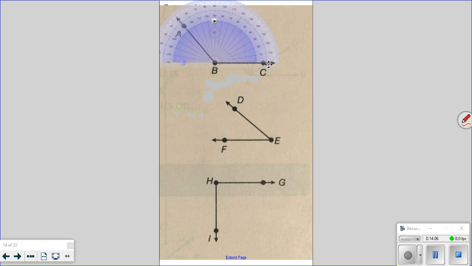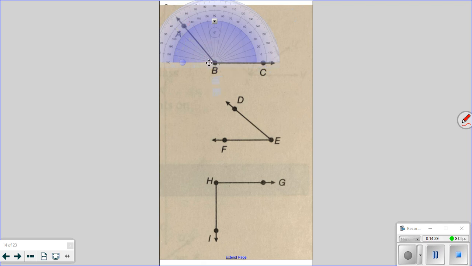And then from C, we're going to go over to A here. If we start, you see how there's 0 and 180 and 10 and 170? We're going to start with the 0 number, and then we go to 50, 60. As you keep going around, you should get to 130. And so the angle measurement of ABC would be 130 degrees.